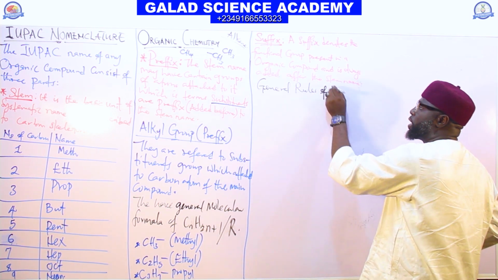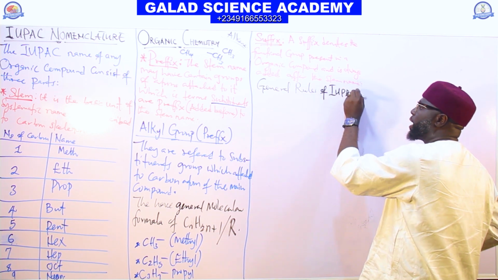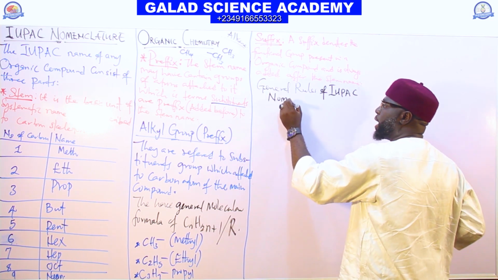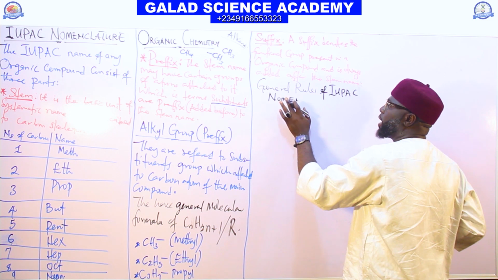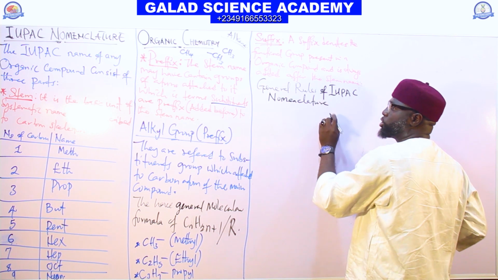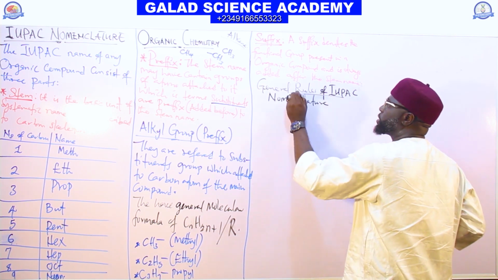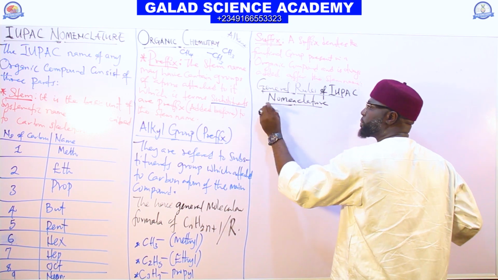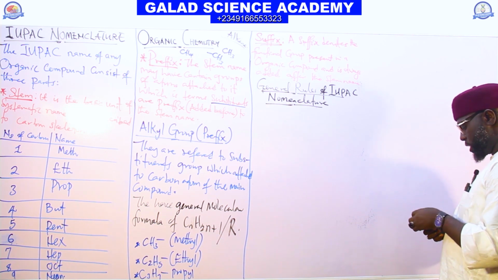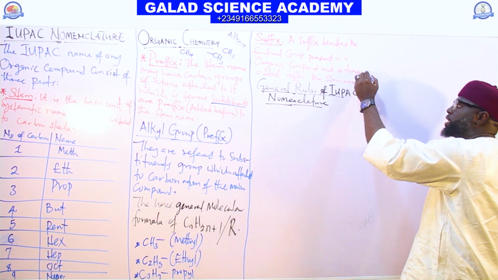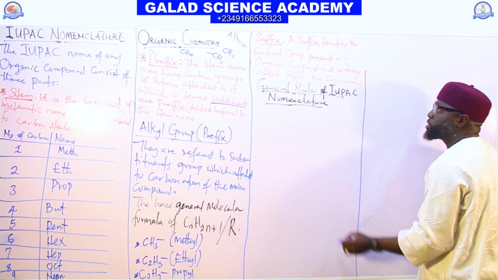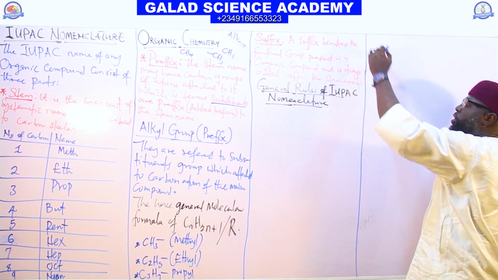General rules of IUPAC nomenclature of organic compounds. This rule is based on 7 rules.